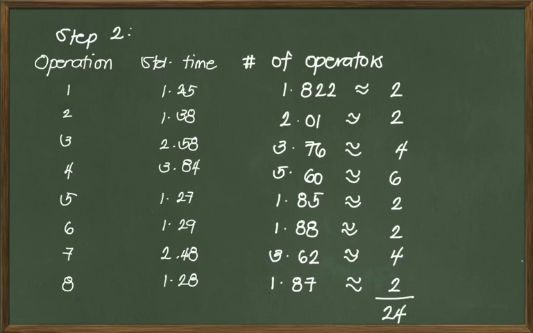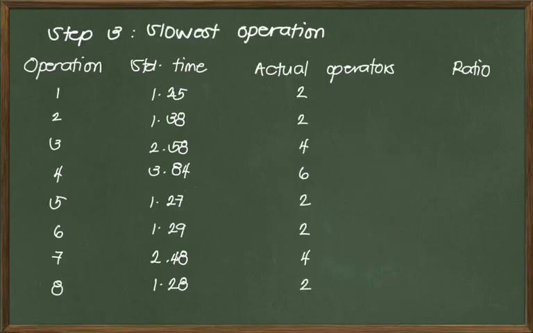Take note that your actual number of operators can be higher than or around the value of your n, because that is only the theoretical value, so the actual can still vary. Once we know the actual number of operators assigned in each line, we go now to the third step, which is finding the slowest operation of the line.